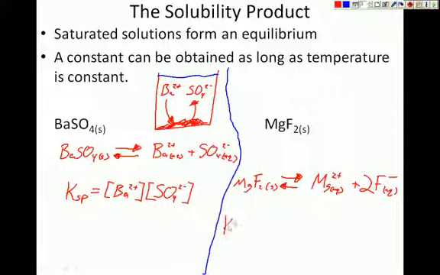So KSP is going to equal the concentration of magnesium ion multiplied against the concentration of fluoride ions, but since there's a 2 right here, we square it. This is our KSP expression.